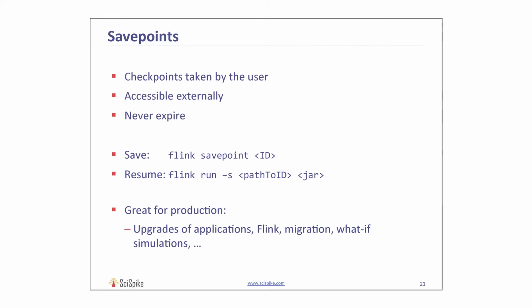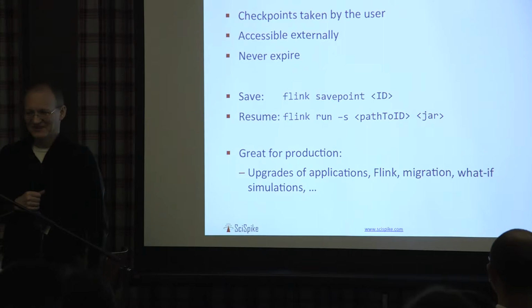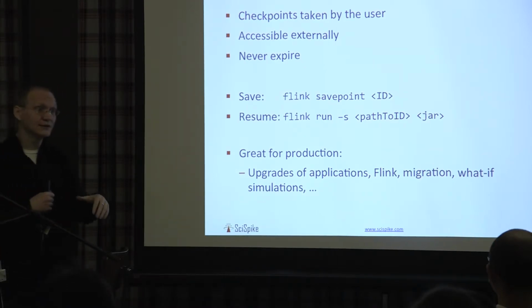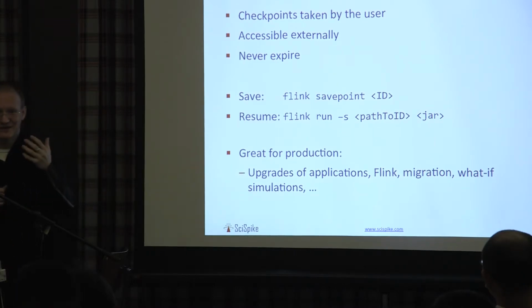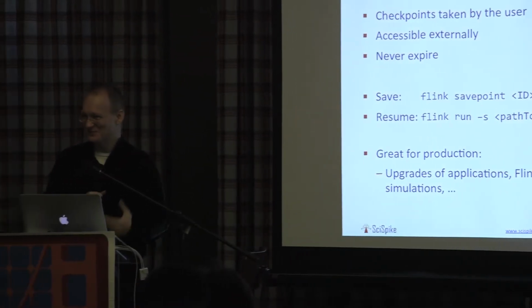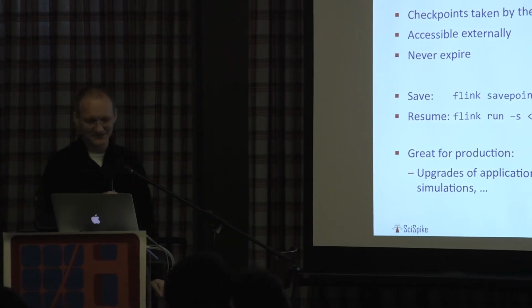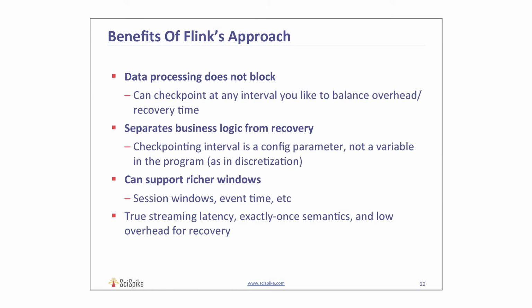And we could even run various what-if simulations. You start from one savepoint, and then you try to run some different execution. Somebody recently commented that this behaves almost like a GitHub for the state of the streaming system. You can build a graph of these transitions. So very excited about this new feature.